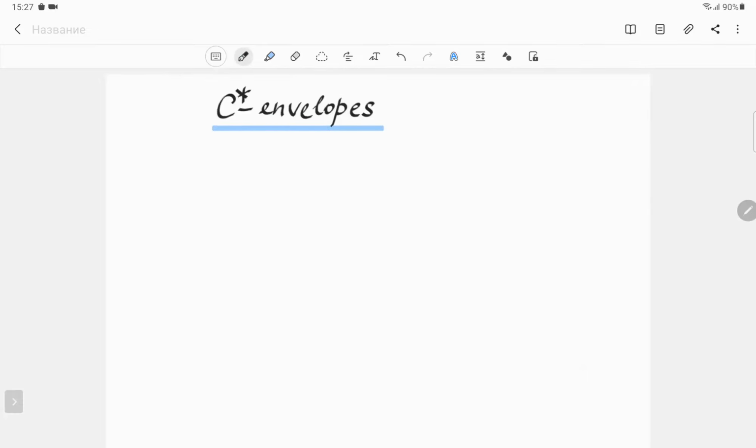So suppose that we have a star algebra A. It's just a star algebra. So the C-star envelope is a kind of universal C-star completion. The formal definition looks as follows.